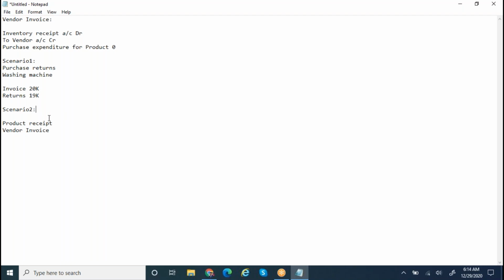For importing materials, if the product receipt value and vendor invoice value are different, then the difference amount will be posted to purchase expenditure for product. Okay, these are the two scenarios where it will be posted.